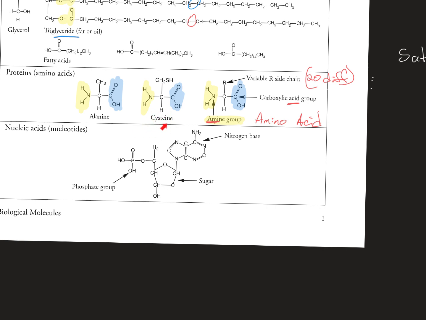That's the amino acid cysteine. If it's just a carbon and 3 hydrogens for the R group, we call it alanine. This is nonpolar. This is small. This can form sulfur bonds. If you have a lot of cysteine in this protein that you call hair, then your hair is kinky.